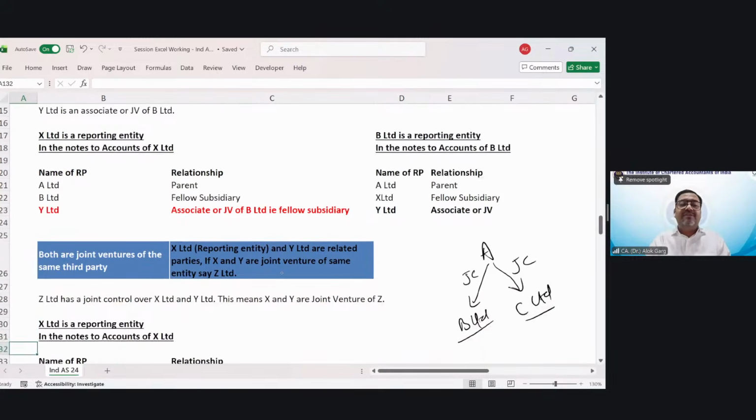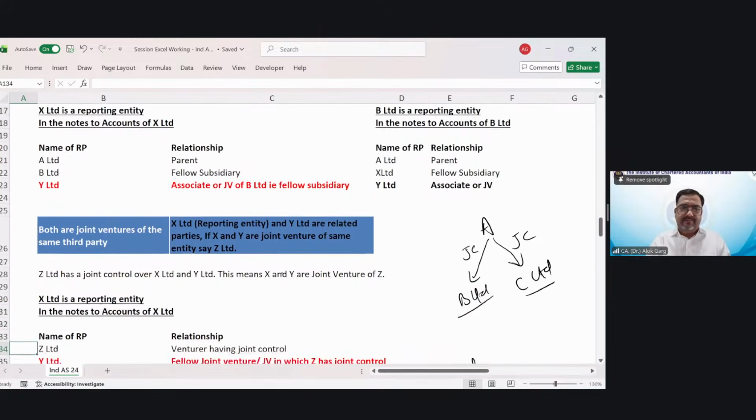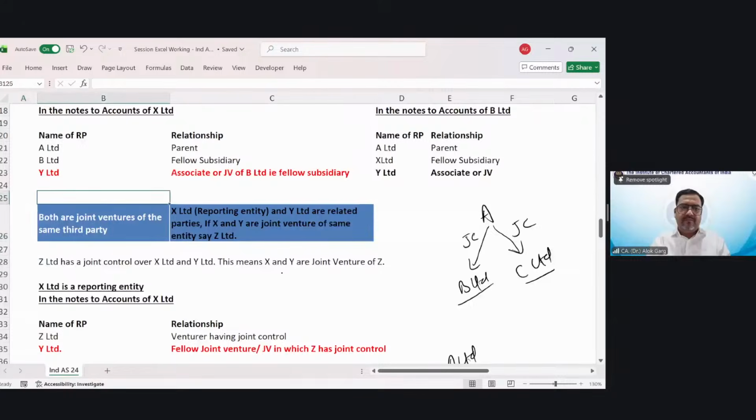Both are joint ventures of the same third party.